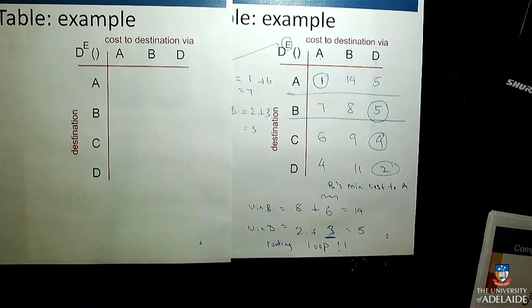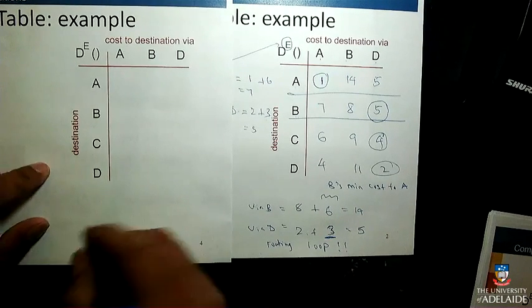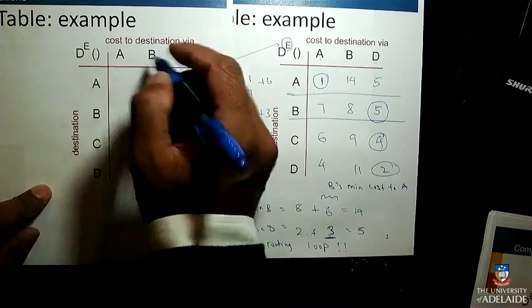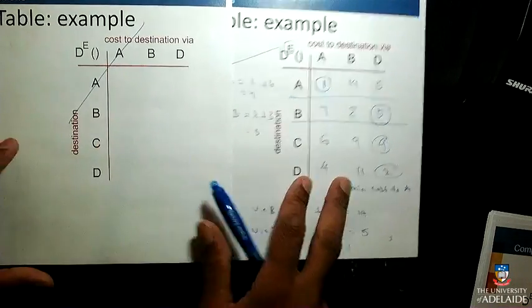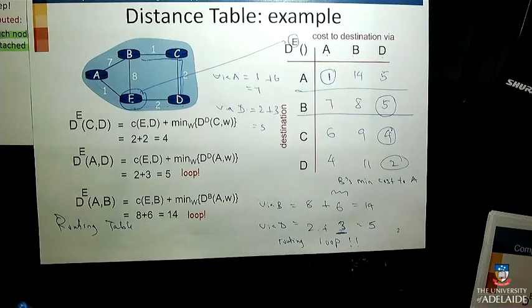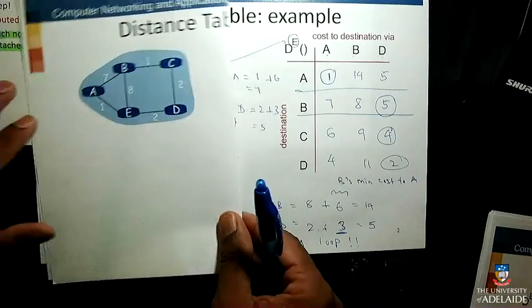So how do I calculate the routing table? I'll get there.